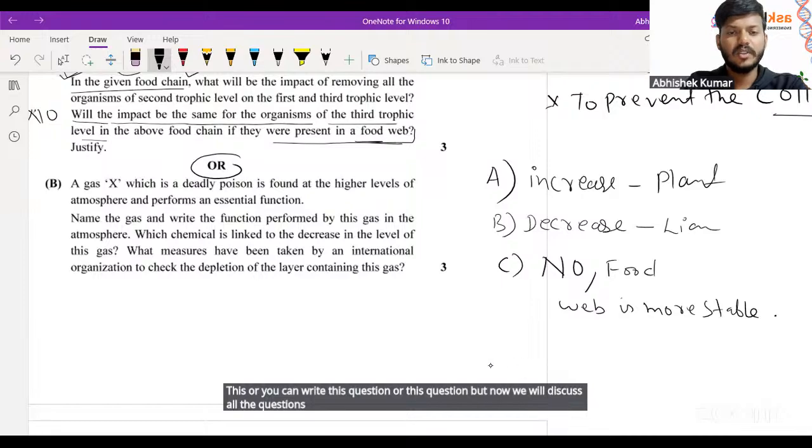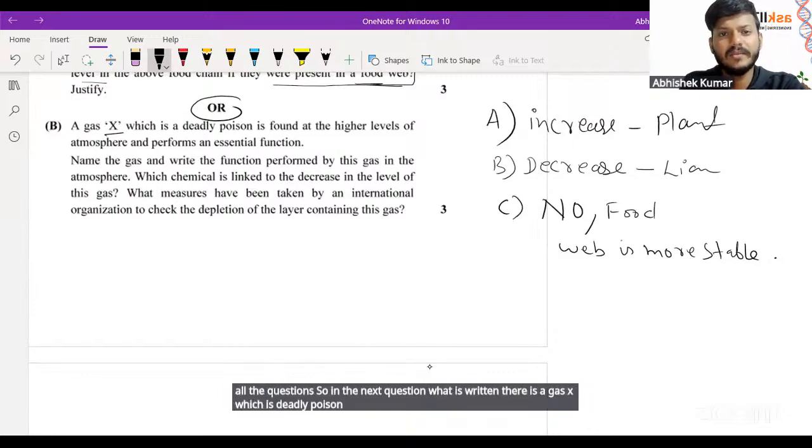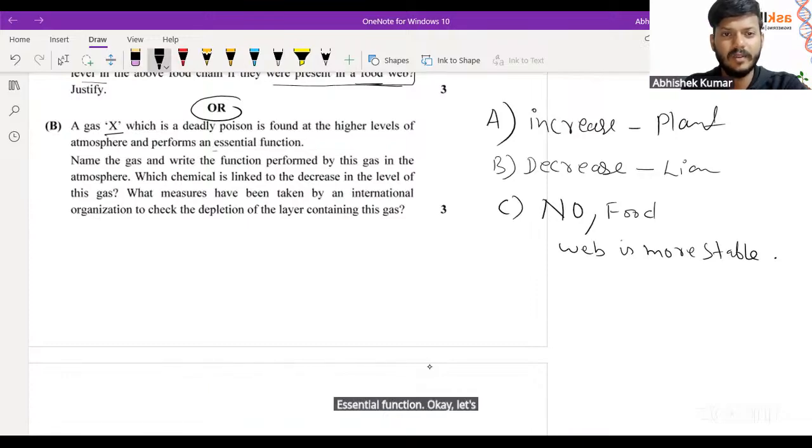So in the next question, what is written? There is a gas X, which is a deadly poison, found at the higher level of the atmosphere and performs an essential function.